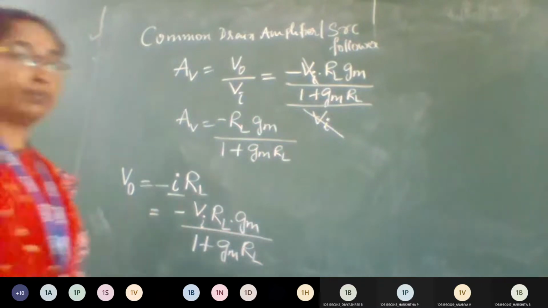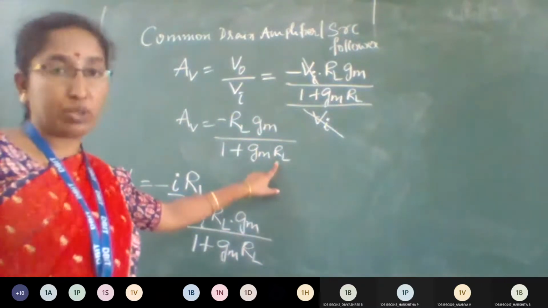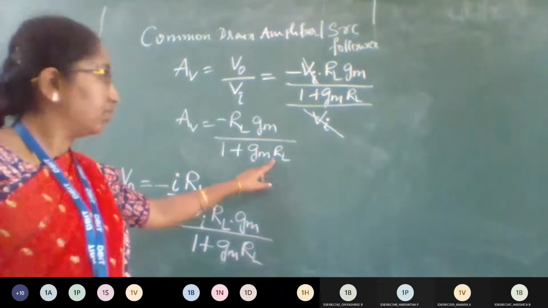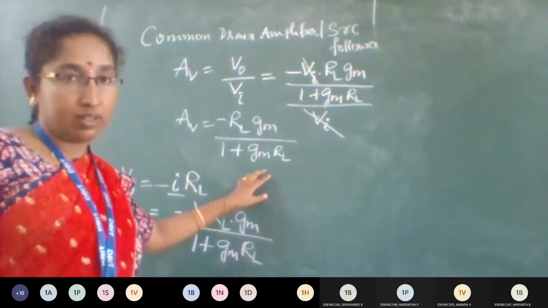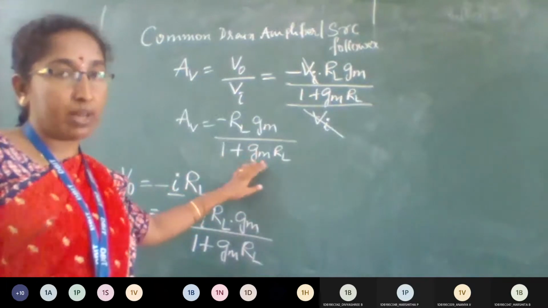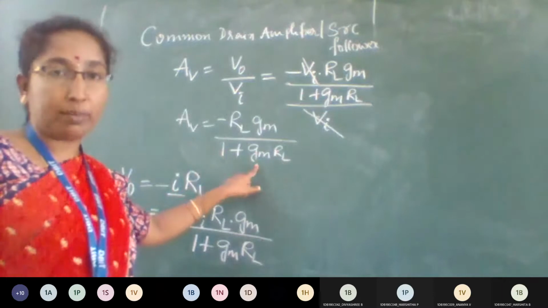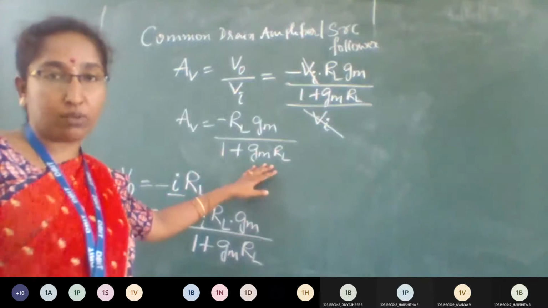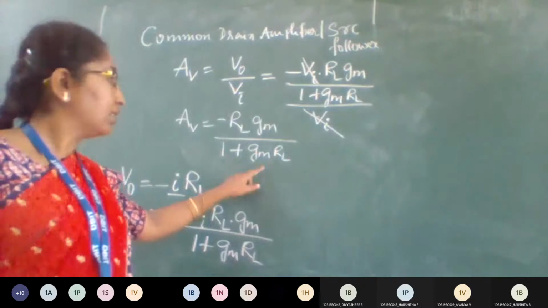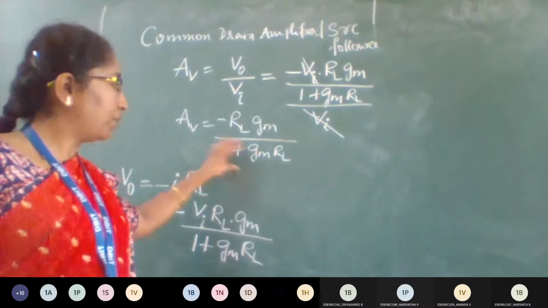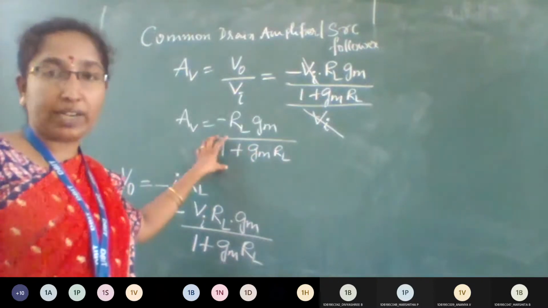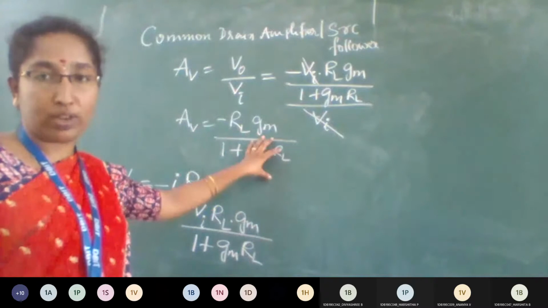Now your load resistance is much greater than 1 by Gm. So 1 plus Gm RL is approximately equal to Gm RL, because RL will be in terms of mega ohms. The 1 is very negligible because Gm RL is a large value.